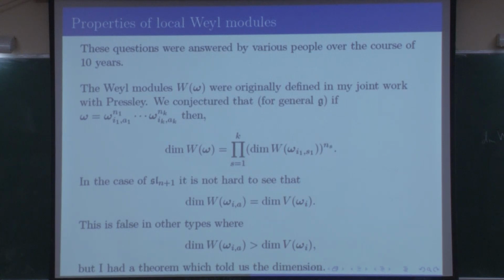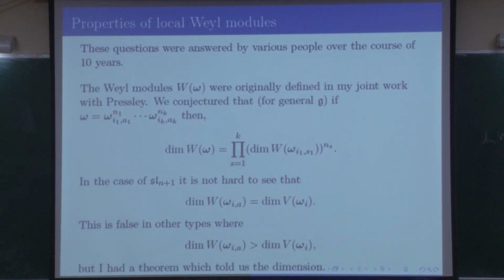They called them fundamental Kirillov-Reshetikhin modules. And they told you all kinds of things about their dimension and things like that. So I came to the subject from there, but this is a justification for the interest: it connects up with things that other people in a completely different area were interested in.